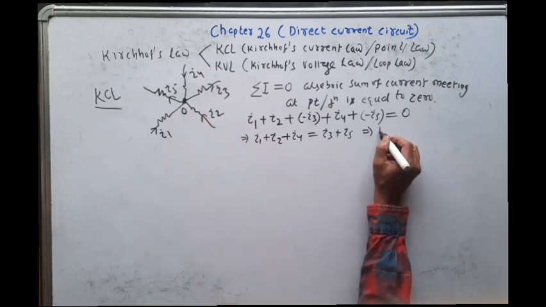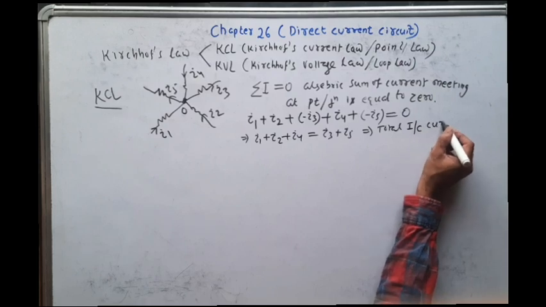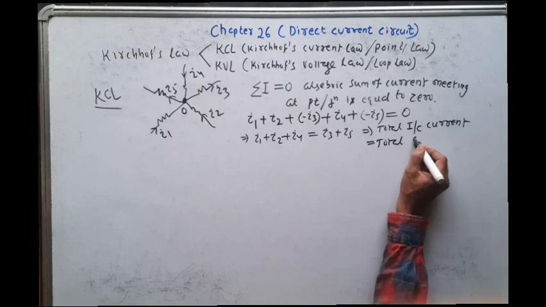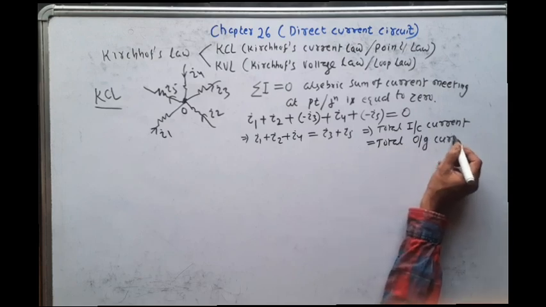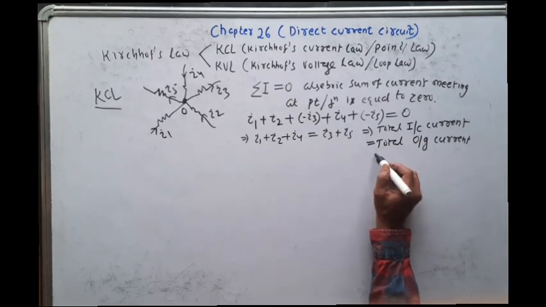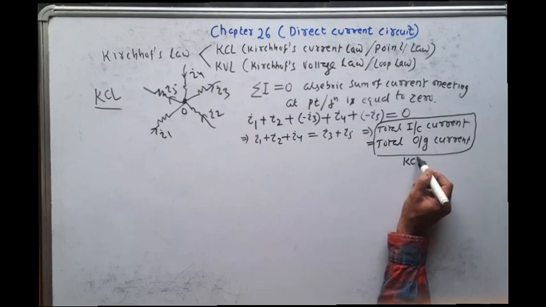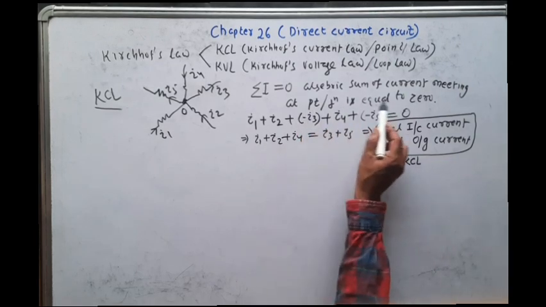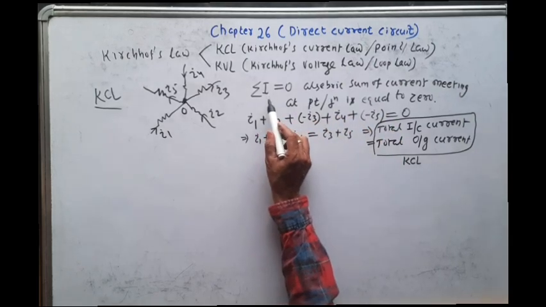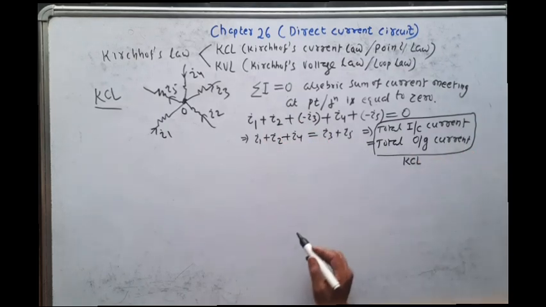So total incoming current is equal to total outgoing current. This statement is also according to KCL. So there are two definitions of KCL: either the total algebraic sum of current meeting at a point is equal to 0, or total incoming current is equal to total outgoing current.